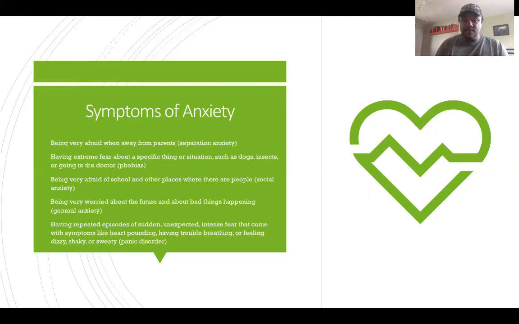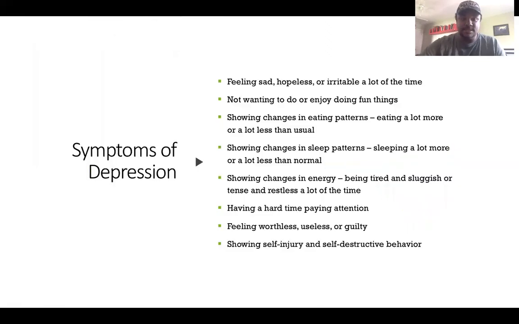Being very afraid of school and other places where they're with people, so social anxiety, like one of the videos we were given this week to watch. Being very worried about the future and about bad things happening, so general anxiety. And having repeated episodes of sudden, unexpected, intense fear that come with symptoms like heart pounding, trouble breathing, feeling dizzy, shaky, sweating, panic attacks, something that a lot of us, even as adults, experience on a daily basis.